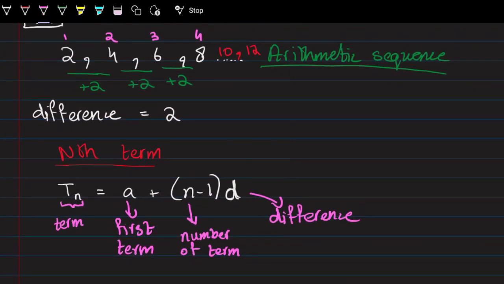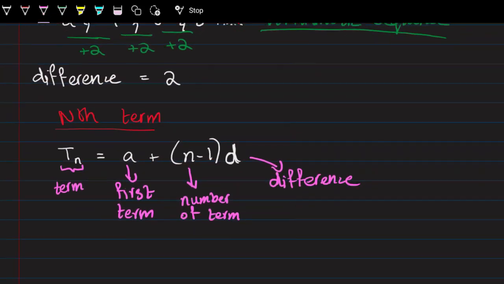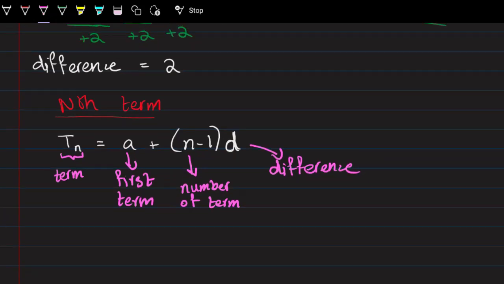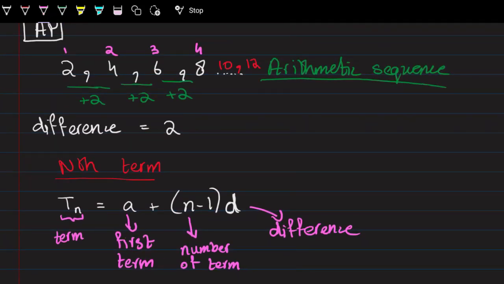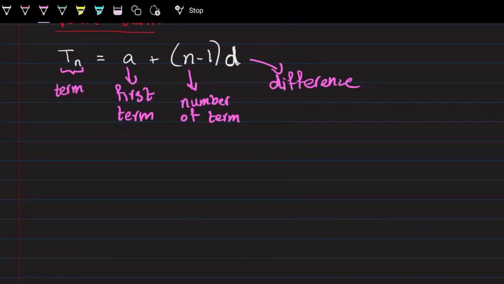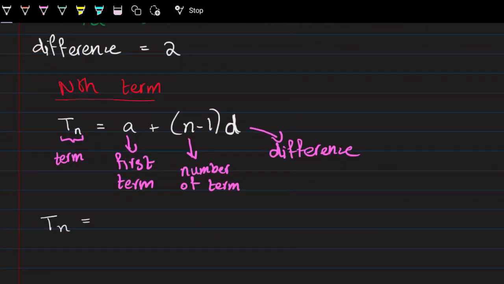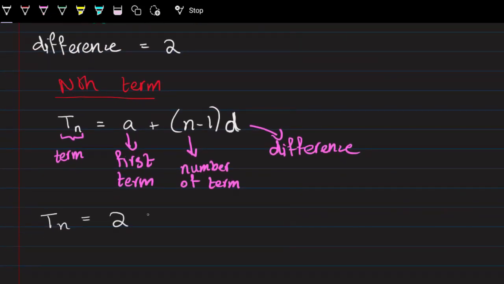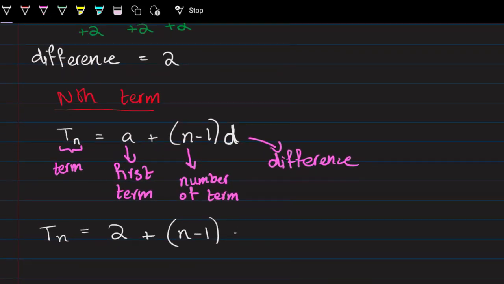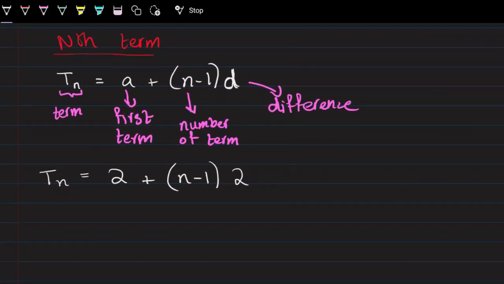Over here the difference was 2. So if I want to find the nth term for this sequence of 2, 4, 6, 8, I'll just say that Tn is equal to a, and a is going to be 2 because that's our first term, plus n minus 1 for the time being, we'll write it as it is, into d, and the difference is 2.